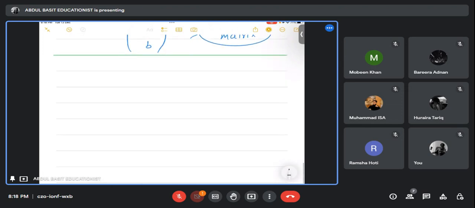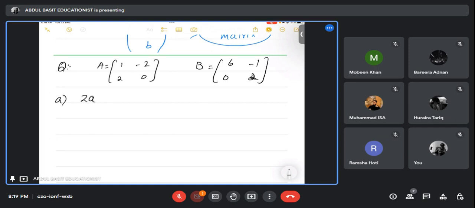अच्छा, question for example, A is 1 2 -2 0 and B is 6 0 -1 and 2 -1 and 2. Okay, the part A is 2a plus 3b.